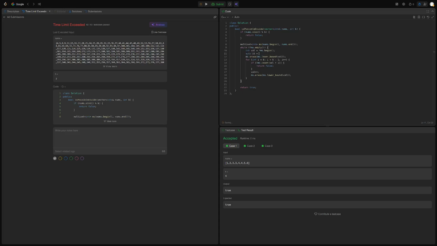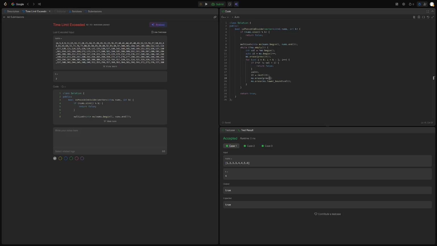Auto it ms begin, plus plus, and then ms array previous it, and then if it, return false, otherwise val plus plus, it next it, ms erase previous.